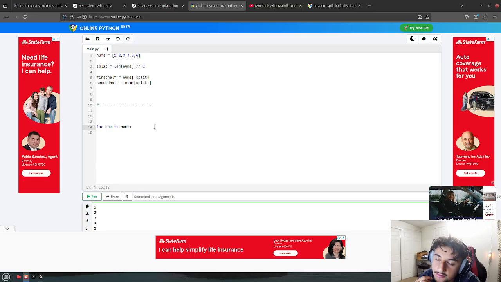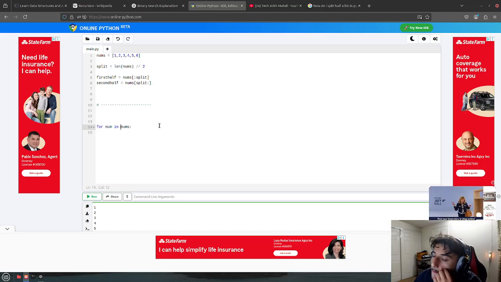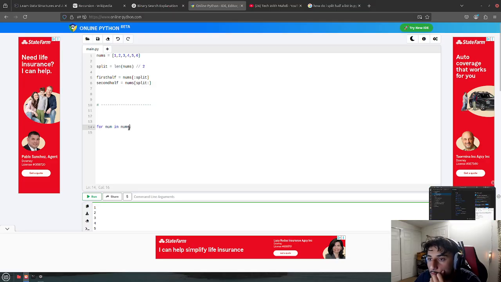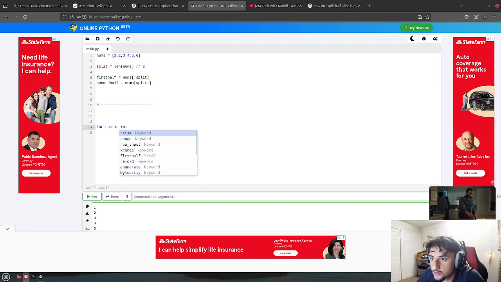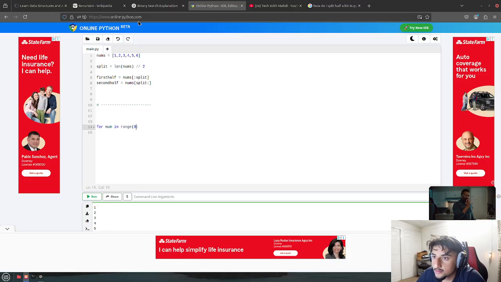But I understand why I was doing range. I need the indexes. How should I do this, bro? This never worked on range to 0.